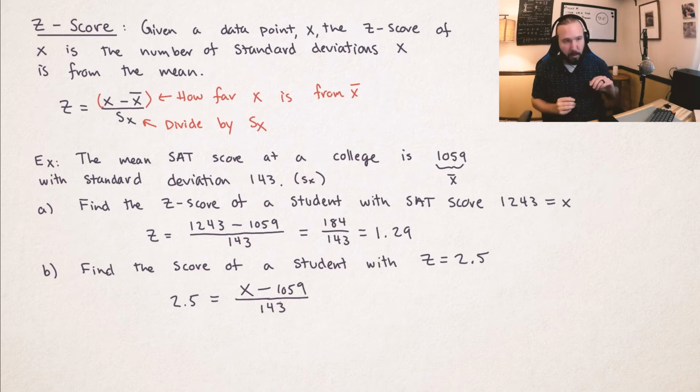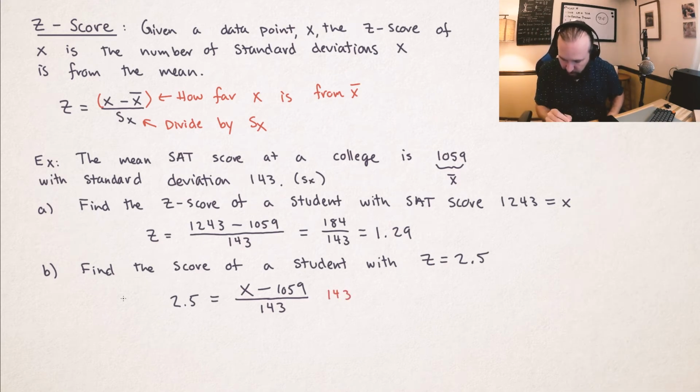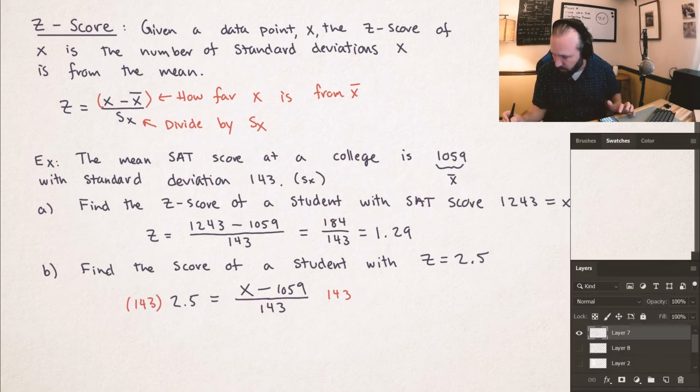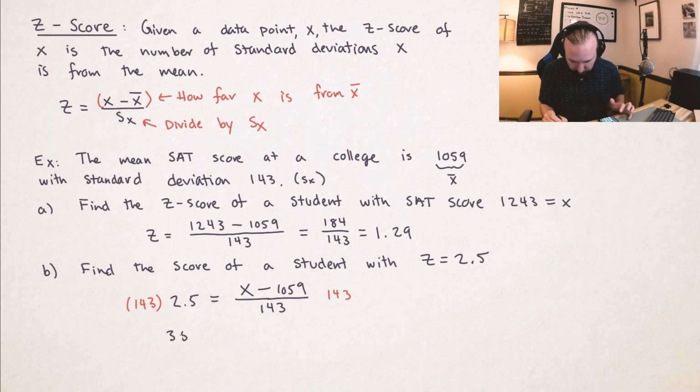Okay, so all we have to do to solve this, now we're just going to solve this equation and figure out how good this student did. So what you need to do is multiply both sides by 143. Okay, so this gives me 357.5.